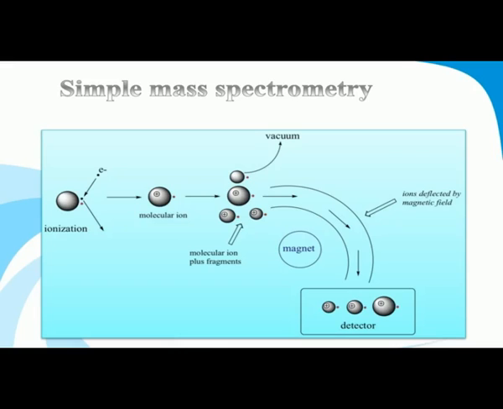So what will happen here: when they are passing through the analyzer, depending upon their charges, the positive charge will repel and the positive will attract towards the negative charges. So it will give the path to the fragmented ion to pass forward.